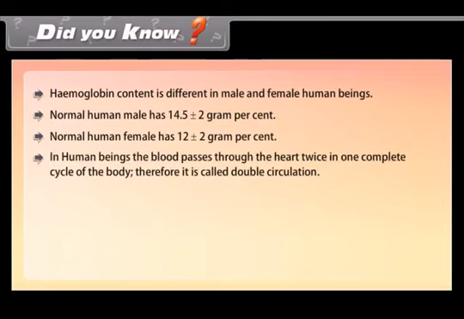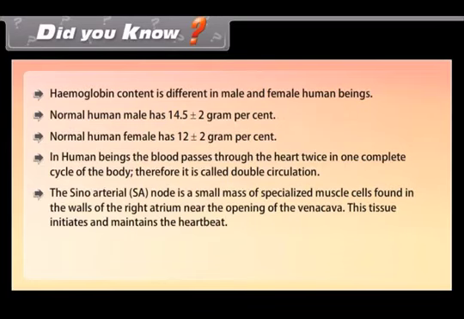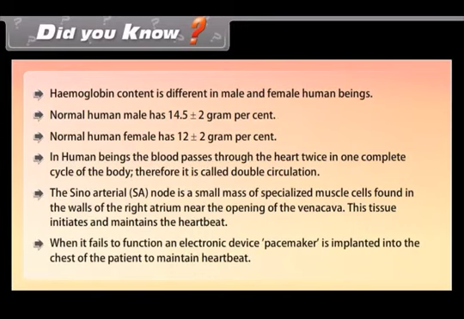Therefore, it is called double circulation. The sinoatrial SA node is a small mass of specialized muscle cells found in the walls of the right atrium near the opening of the vena cava. This tissue initiates and maintains the heartbeat. When it fails to function, an electronic device, a pacemaker, is implanted into the chest of the patient to maintain heartbeat.